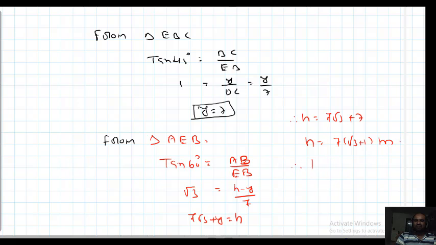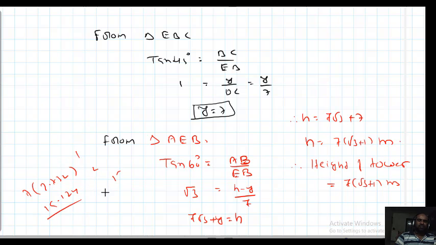Therefore, the height of the tower equals 7 times of root 3 plus 1 meters, or sometimes you can simplify. 7 times 2.732 is 19.124 meters.